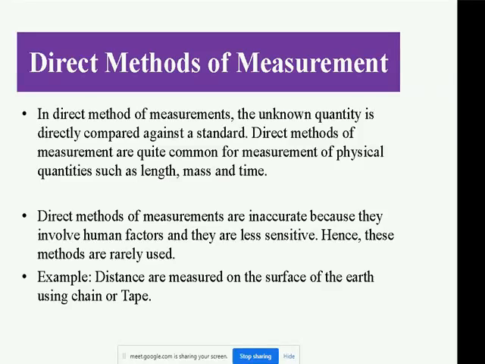So how can we calculate within the direct method? We know the formula Q equals NE or I equals Q by T, but charge is not visible, so the amount is not calculated. So we need some instrument to measure the value of charge or current. So we have to take the help of indirect methods.